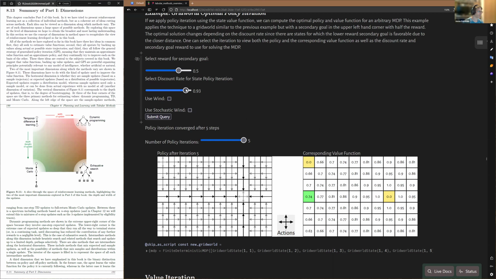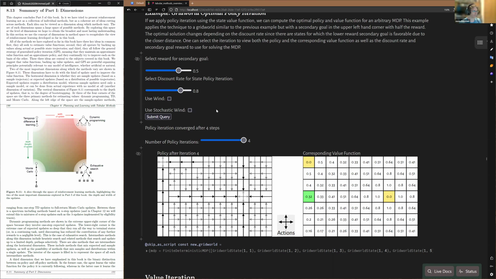So let's say I set this discount rate to 0.8, so now I'm discounting future rewards a lot more. Now you can see that along this side and out to here, there are states where the optimal policy is actually to go to this goal. Whereas once you're here, the optimal policy is to go to the original goal.